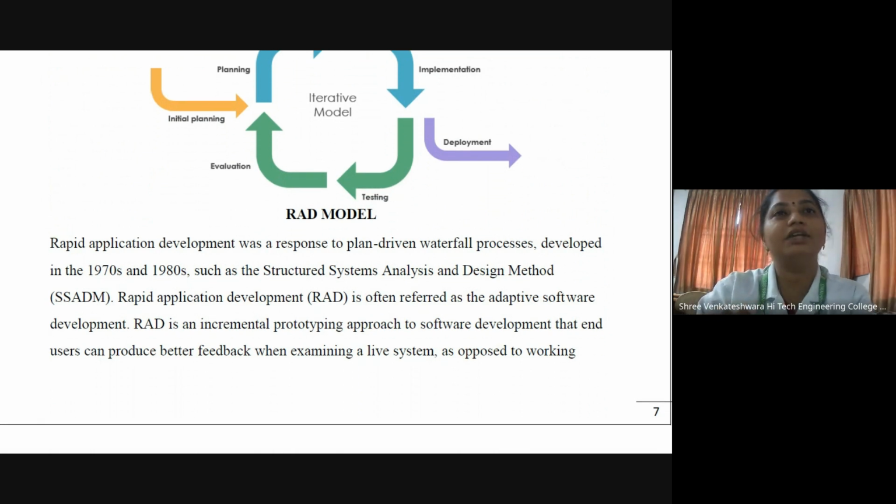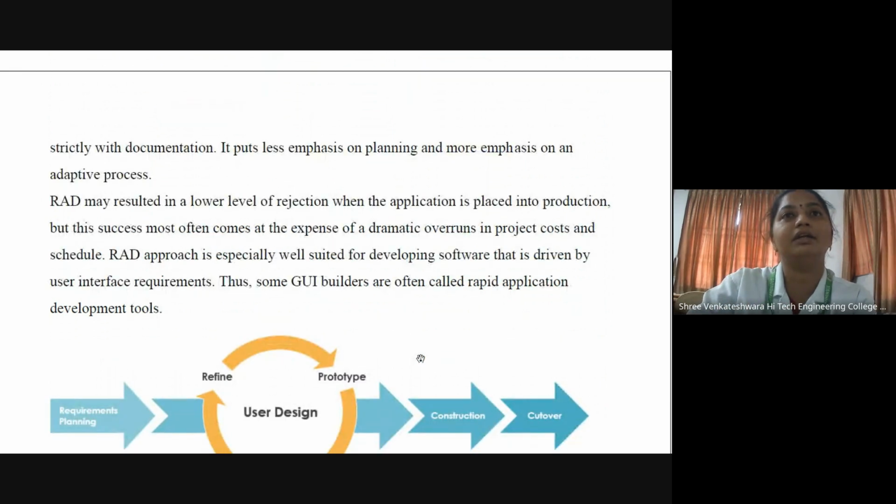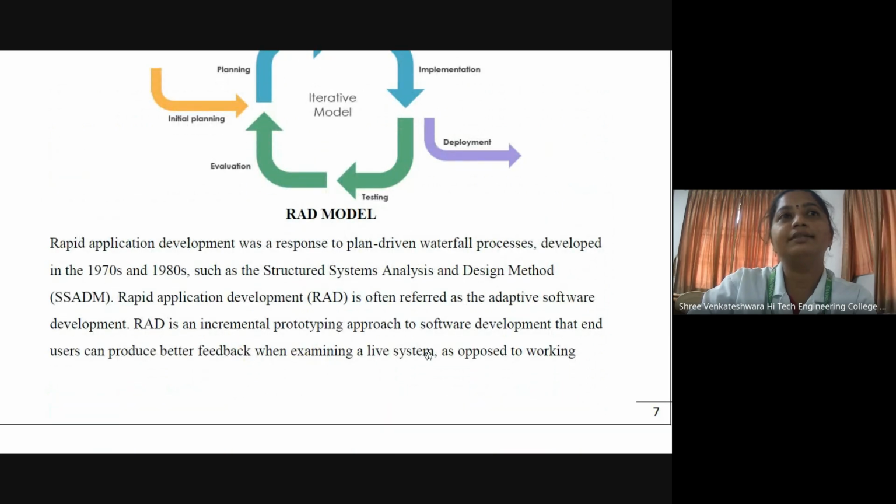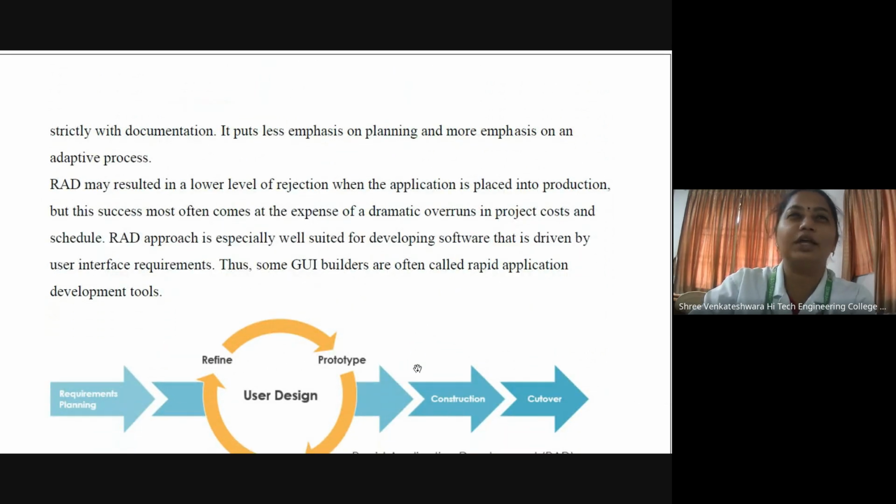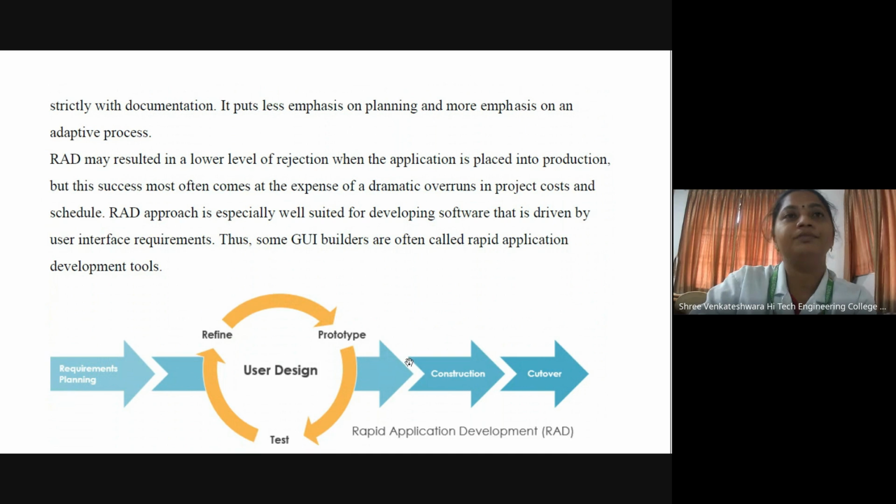So this is an incremental model. We increase the level of the project. That is how the RAD model is maintained. In the 1970s and 80s, GUI, graphical user interface, and rapid application development tools were used to build the software design level model.